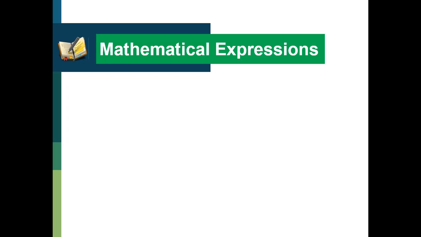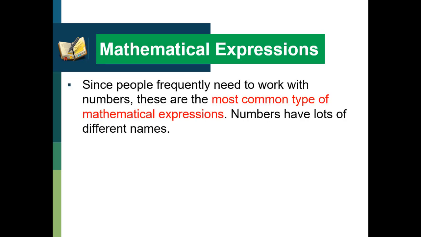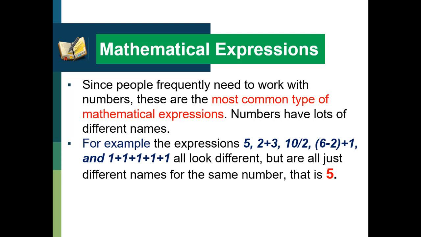To explore more about mathematical expressions, since people frequently need to work with numbers, these are the most common type of mathematical expressions. Numbers have lots of different names. Of course, because we have different types of numbers and we have different numbers in mathematics. For example, the expressions 5, 2 plus 3, 10 over 2, 6 minus 2 plus 1, and 1 plus 1 plus 1 plus 1 plus 1 all look different, but are all just different names for the same number, and that is 5.